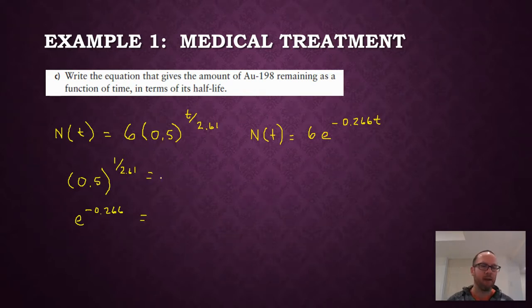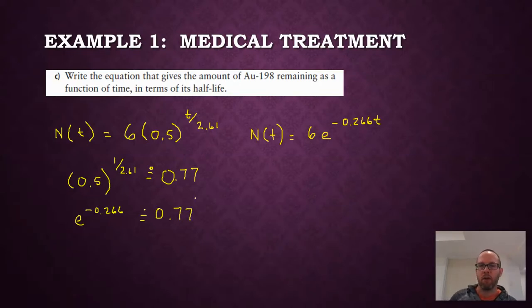And hopefully what you see is that these are, for the most part, equivalent. 0.5 to the power of 1 divided by 2.61, I got about 0.77-ish. And I'm expecting to get the same thing when I do e to the power of negative 0.266. And I do, they're pretty close actually.